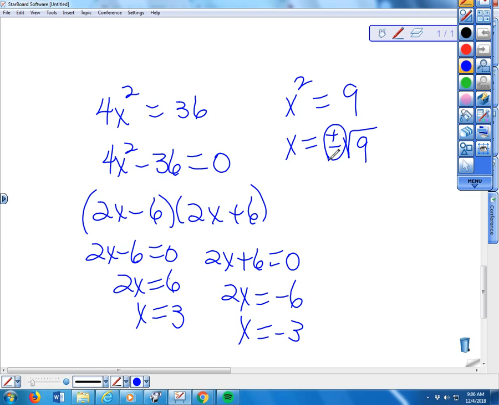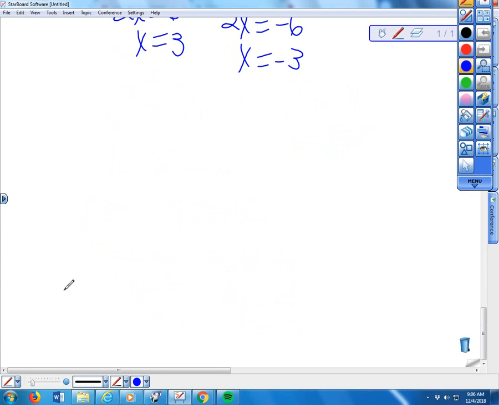Next 3, we're simplifying radicals. When you simplify a radical, you're looking for the largest perfect square you can think of that goes into that number evenly. Remember your perfect squares: 1, 4, 9, 16, 25, 36, 49, and so on.